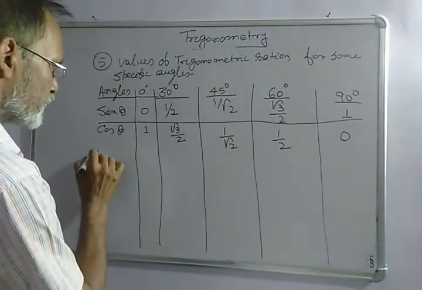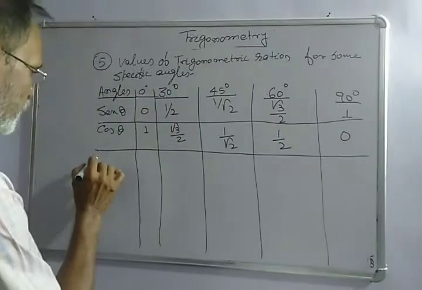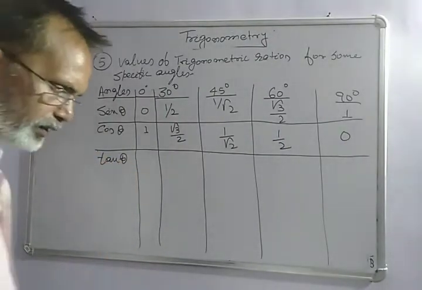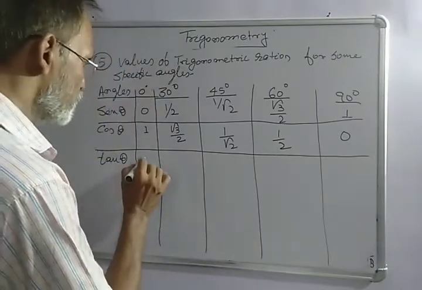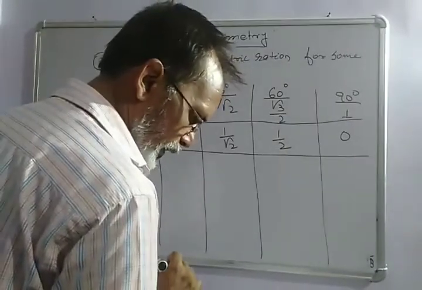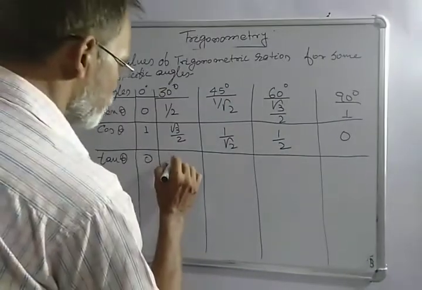Then the next one. So now tan theta. Tan 0 is equal to 0. Tan 30 is equal to 1 by root 3.